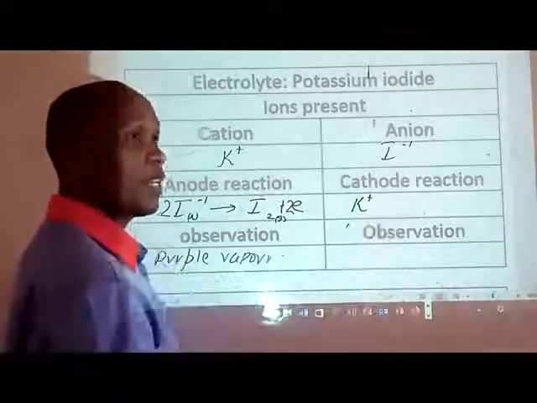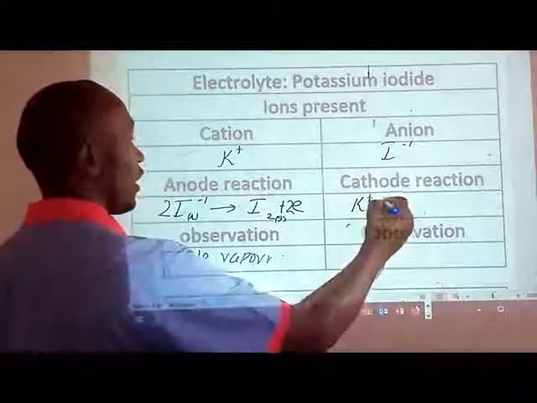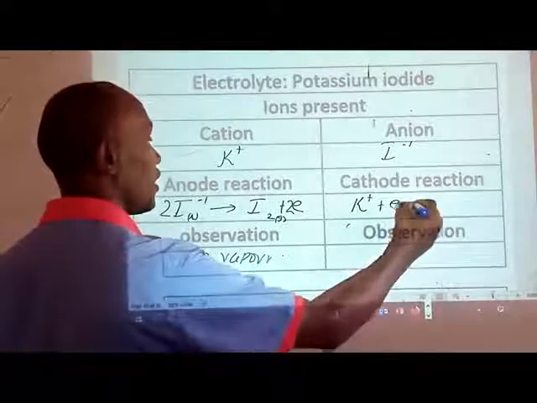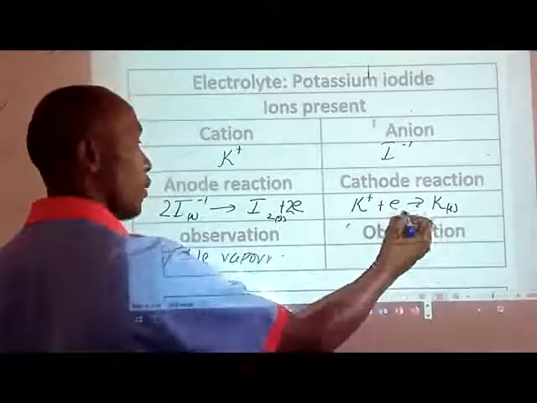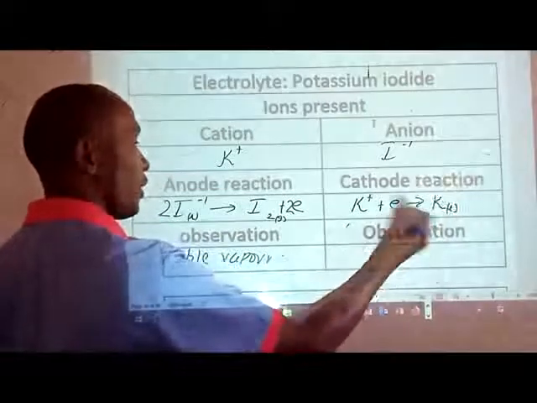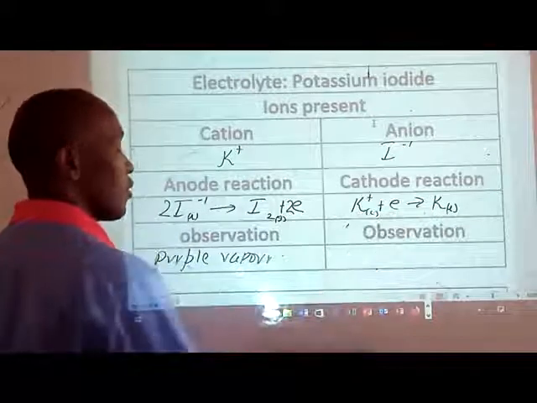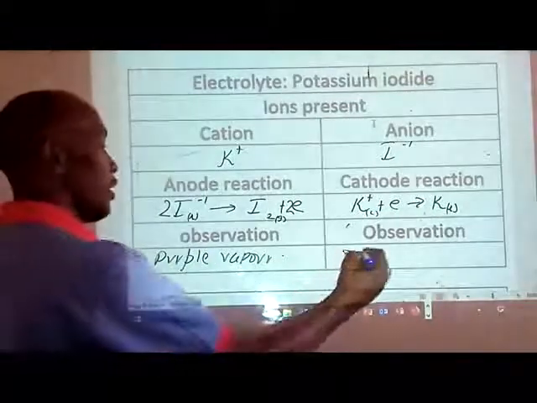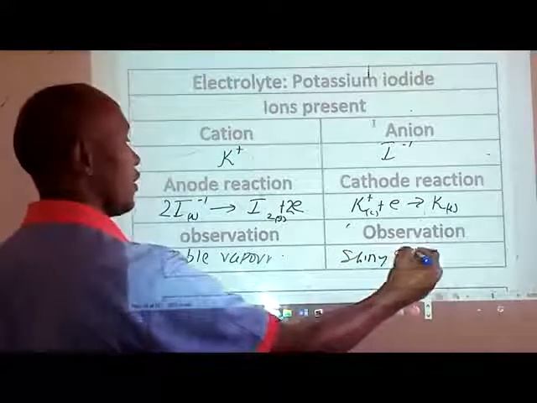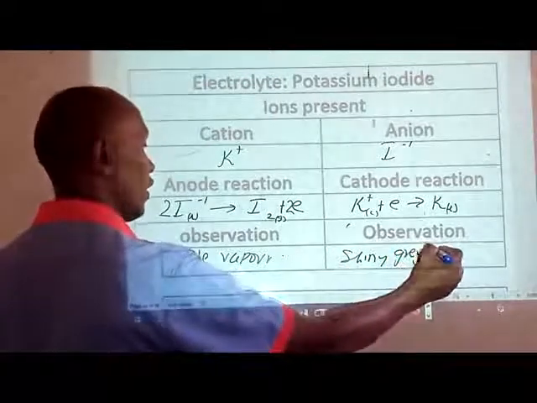What happens at the cathode? Reduction is gain, plus an electron. This has a low melting point but a very high boiling point, and it was molten. Observation again: shiny gray liquid.